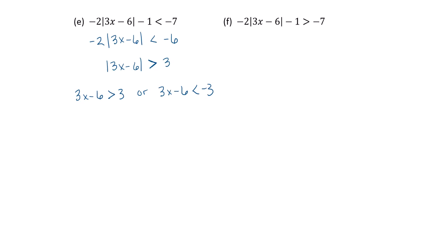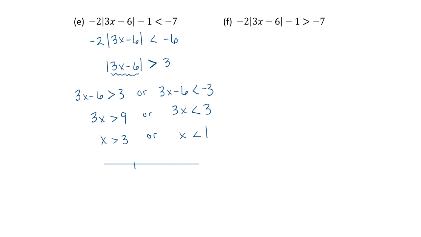These two statements would ensure that this expression here has a value that is more than 3 units away from 0. Now we have two simpler inequalities to solve. I'm going to add 6 to both sides, divide by 3, keep your or as you go down. So 3x is less than 3 here, and x is less than 1.